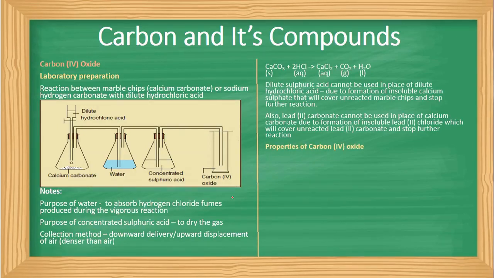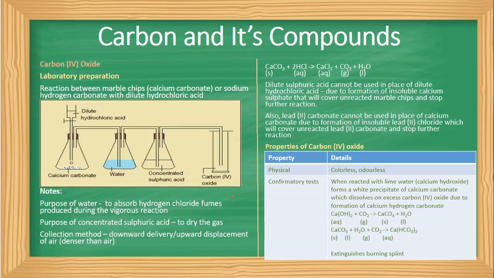Let us look at the properties of carbon 2 oxide. One, the physical properties: it is colorless, it is odorless. Number 2 is its confirmatory test: when it is reacted with lime water or calcium hydroxide, there is formation of a white precipitate of calcium carbonate.